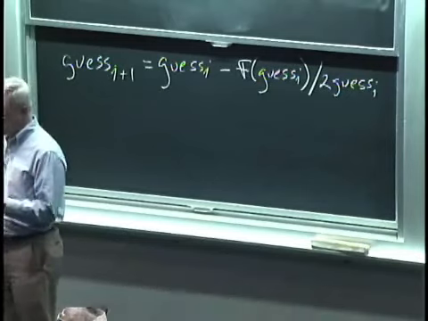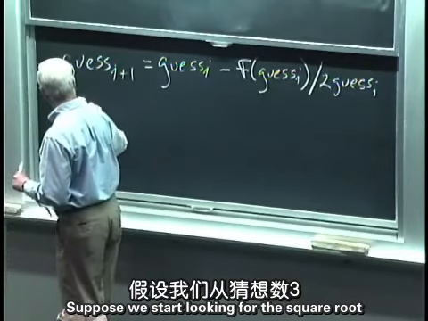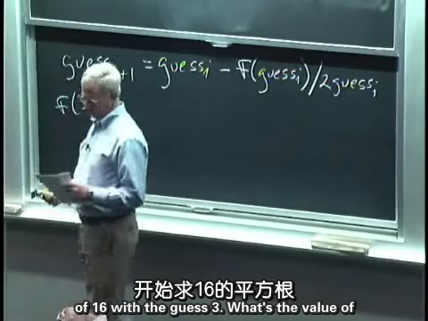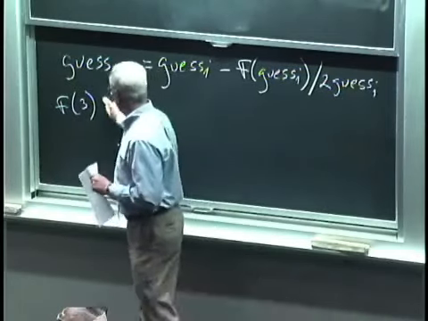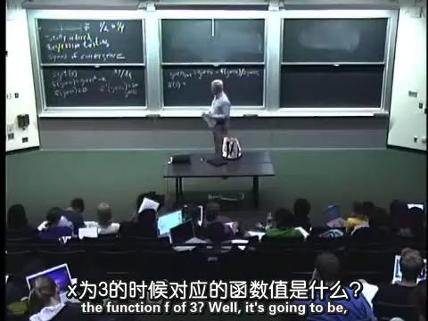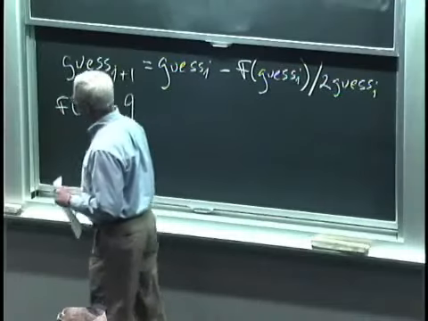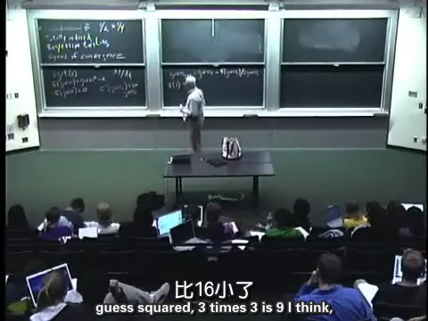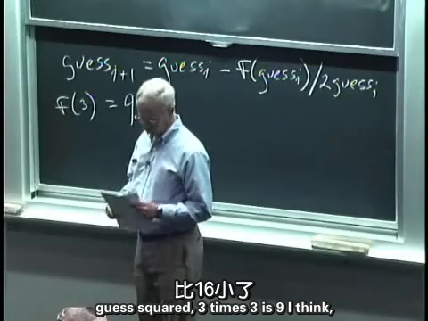So let's look at an example. Suppose we start looking for the square root of 16 with the guess 3. What's the value of the function f of 3? Well, we look at our function there, guess squared. 3 times 3 is 9, I think.